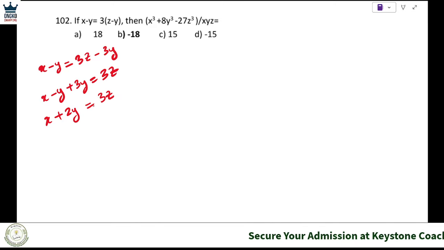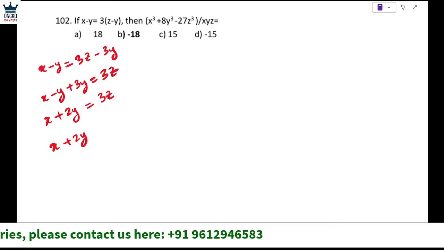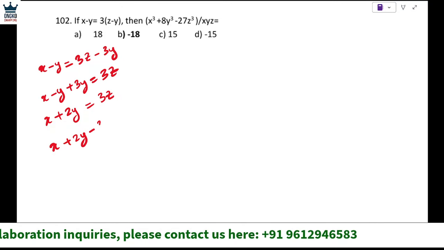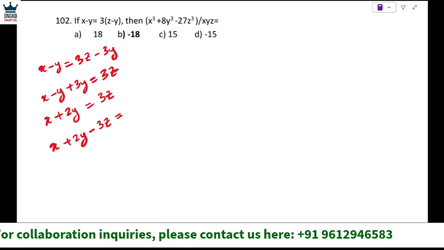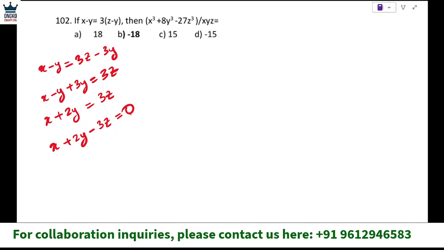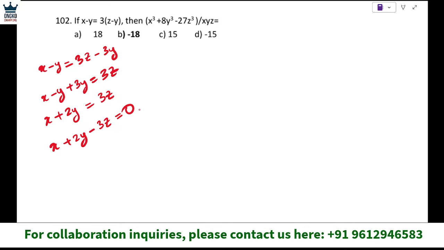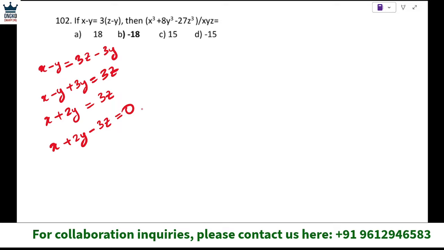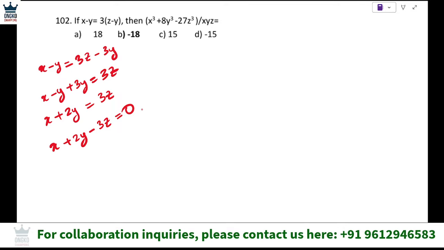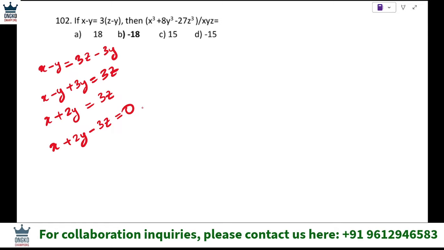So let's rearrange this one. So x plus 2y, 3z to the left hand side, and minus 3z, after changing position, we get 0. Now here, you know algebra, there's an identity which is called the sum of cubes.